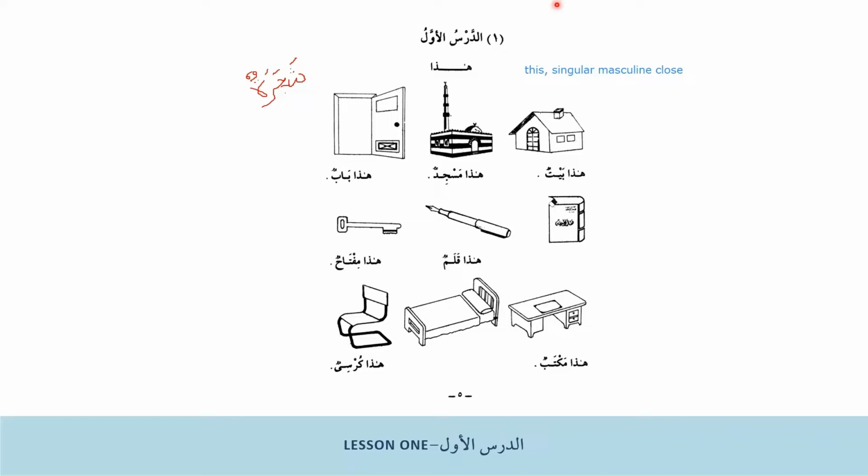Okay, does anybody want to confirm if he's got the right answer? هذا كتاب. Okay, agree. So هذا كتاب. Yes, this is a book. هذا كتاب. This is a book.